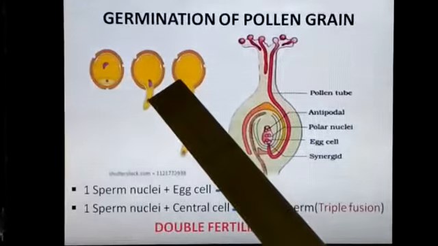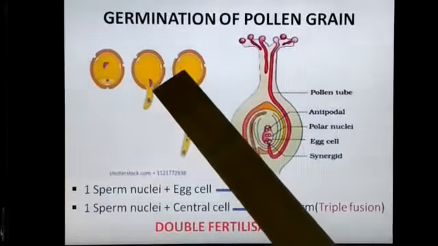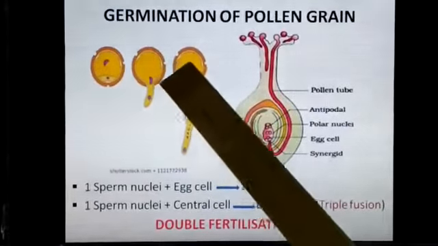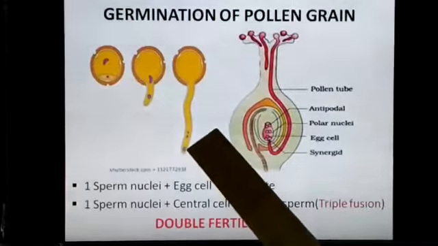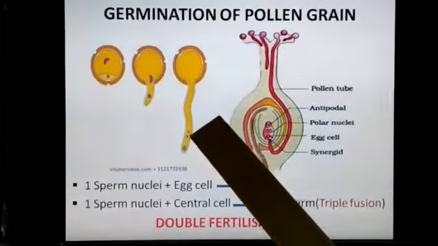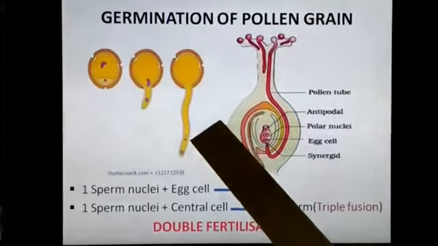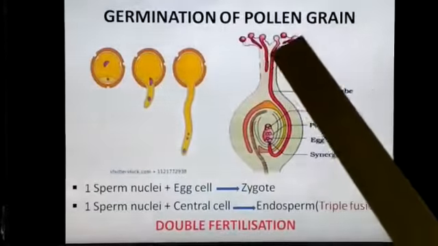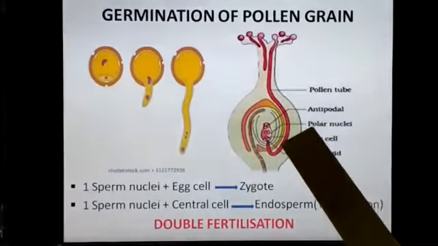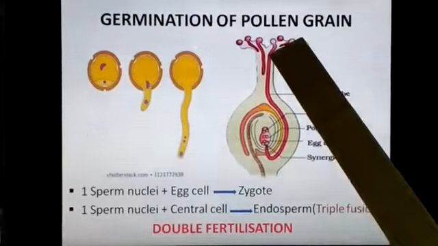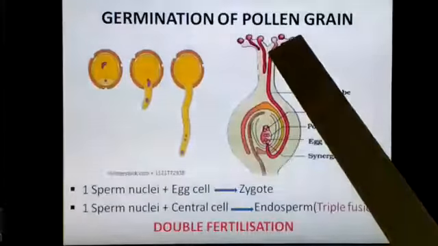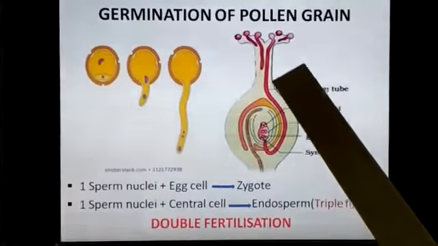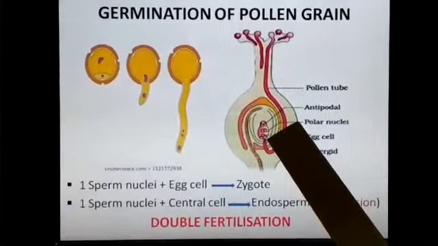During germination, the tube nucleus helps in formation of the pollen tube, which arises out of the germ pore, carrying the generative nucleus behind it. As the pollen tube grows a little more, the generative nucleus divides into 2 sperm nuclei or male gametes. Now, one more thing to understand here is how the pollen tube keeps passing through the female parts. Pollen tube releases enzymes, and the enzymes keep dissolving cells of stigma, style, and ovary, and thus help the pollen tube to enter into the ovule.